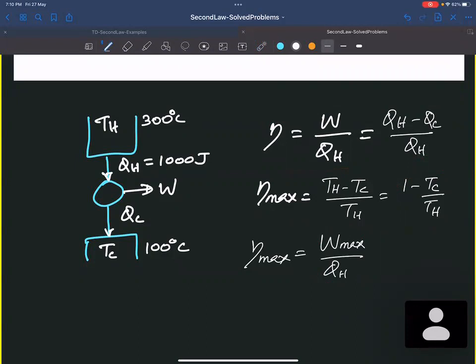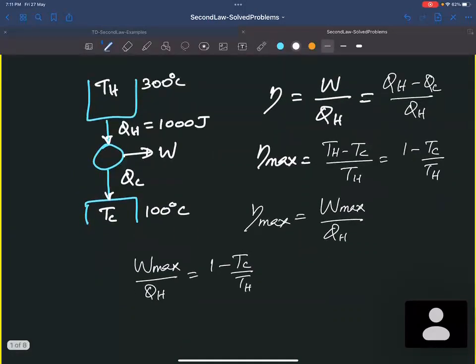So we'll write this now. W maximum by QH equals 1 minus TC by TH. So except W max, everything is available. QH is 1000. In this formula, the temperature must be in Kelvin. Sometimes by mistake, if you use the degree Celsius values, the result will be different.